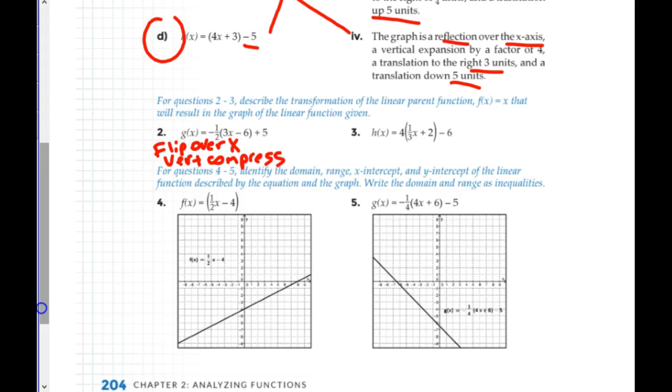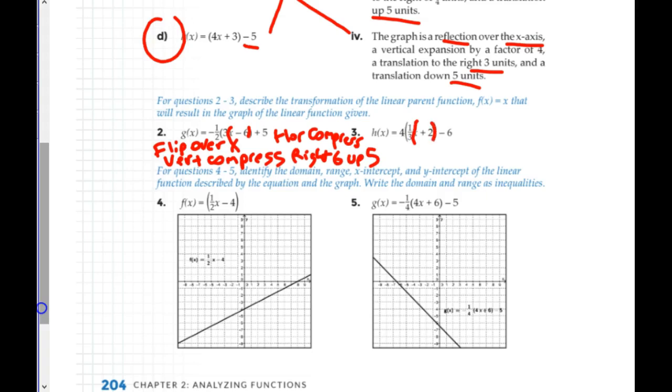Now, if there was parentheses right there, that'd be a horizontal compress. Okay, and then that would be right 6, up 5.